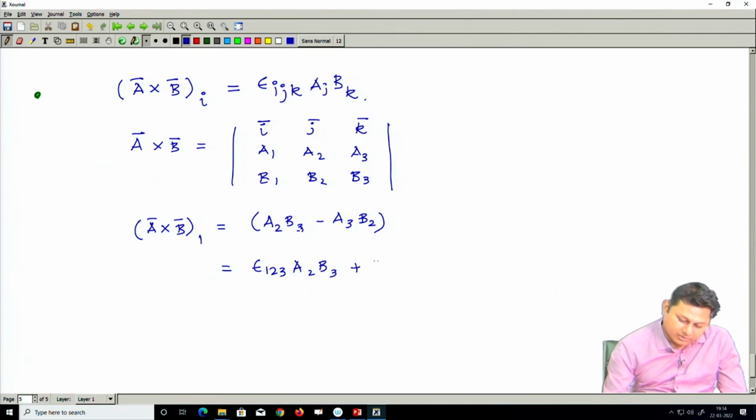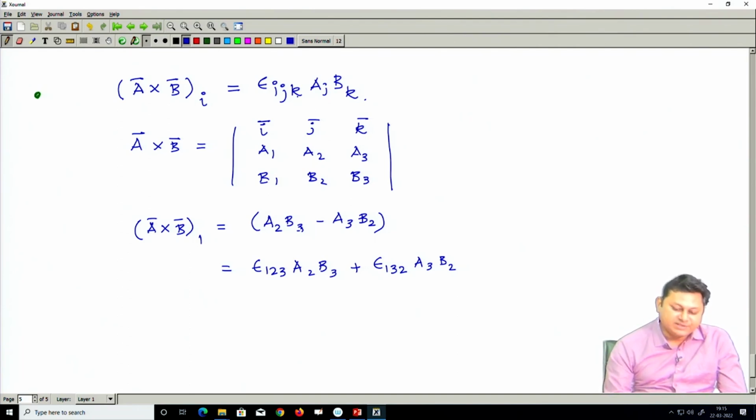And another term you will get is epsilon 1 3 2, with A 3 and B 2. Why is that? Because according to the notation epsilon i j k, j can take 1 2 3 and k can take 1 2 3, but if j and k are the same, then epsilon is 0. So, all these values should be 0 when j and k are the same.